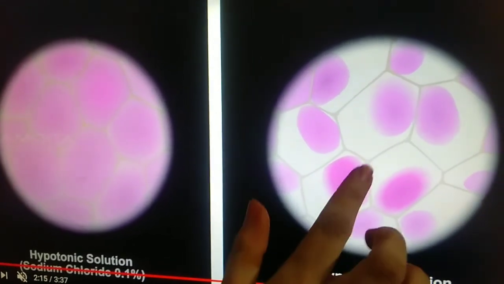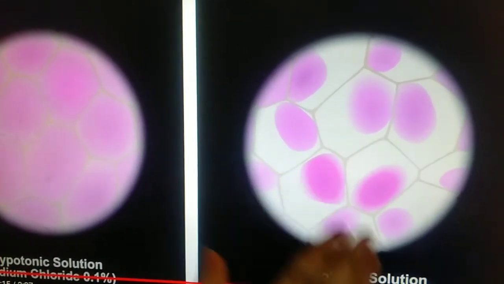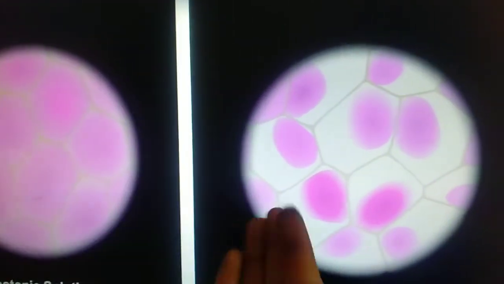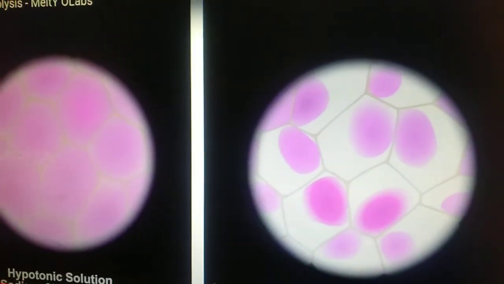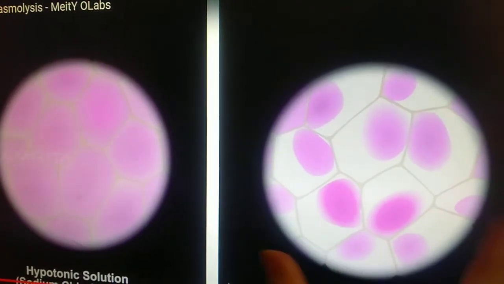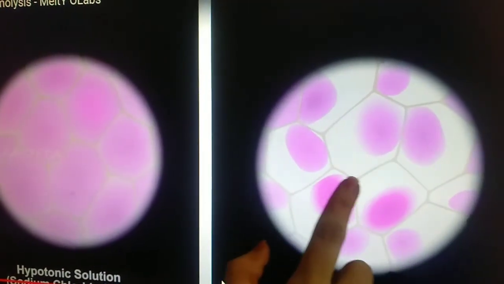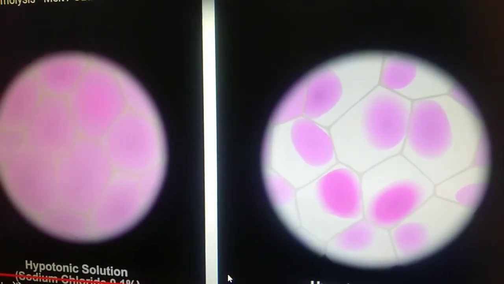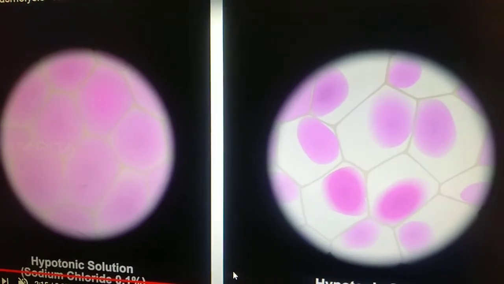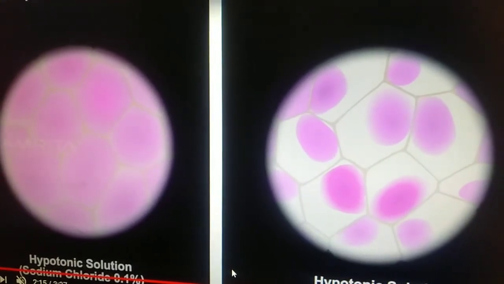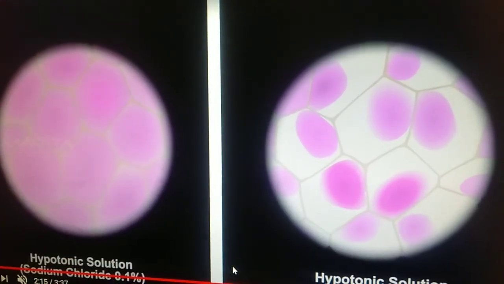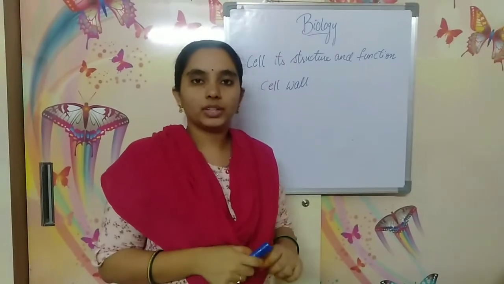This tells you that the cell membrane is giving out water into the solution. Whatever water is present in the cytoplasm is given out of the cells. That is why the cytoplasm shrinks, and you can observe clearly the structure of the cell membrane. So this experiment tells you that the cell membrane helps in the transportation of materials in and out of the cell. So that is all about the cell membrane.